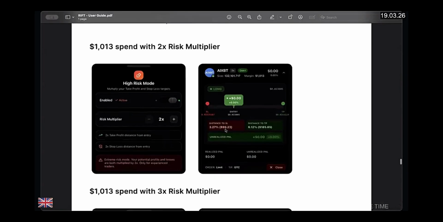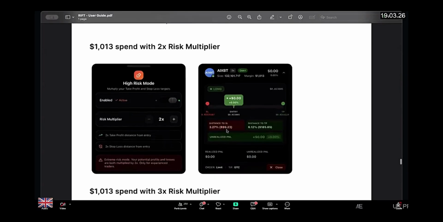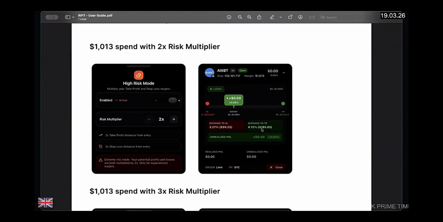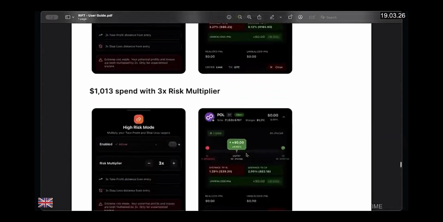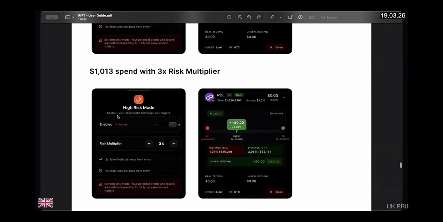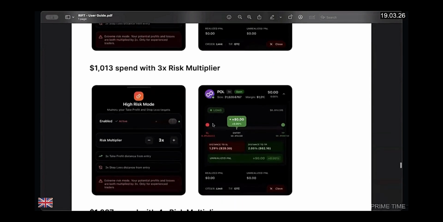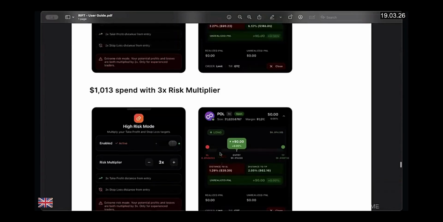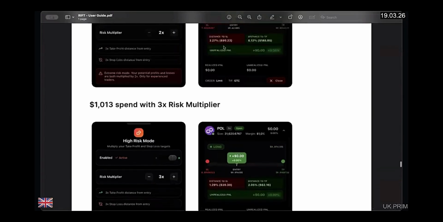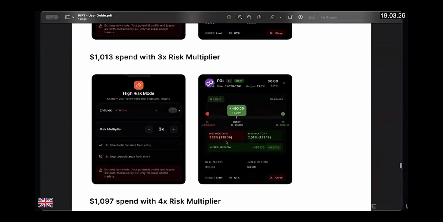It gives you stop loss at $99 and profit at $185 at $1,000 spent in the lightning mode. Then you have $1,013 spent with 3x risk multiplier. The same trade is giving you from $99 stop loss, it is giving you $39 stop loss and a profit of $62, almost double.